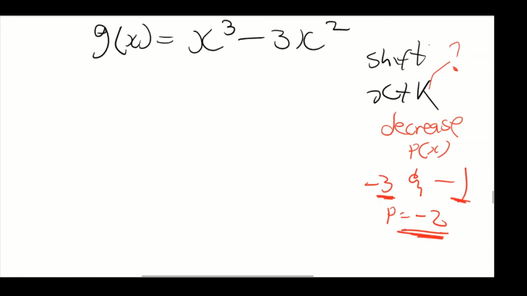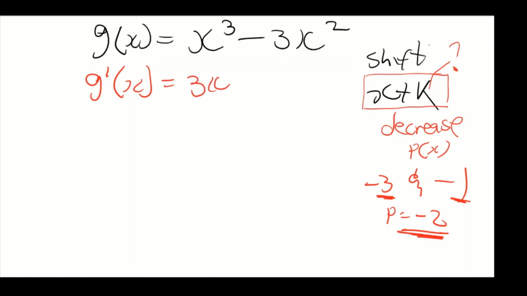So we need to first find the derivative of this function here to identify the value of x. Why am I identifying the value of x? So that it's going to be equated to this expression here. To derive this, you're going to have 3x squared minus 6x. Remember that we are told that the gradient is decreasing.